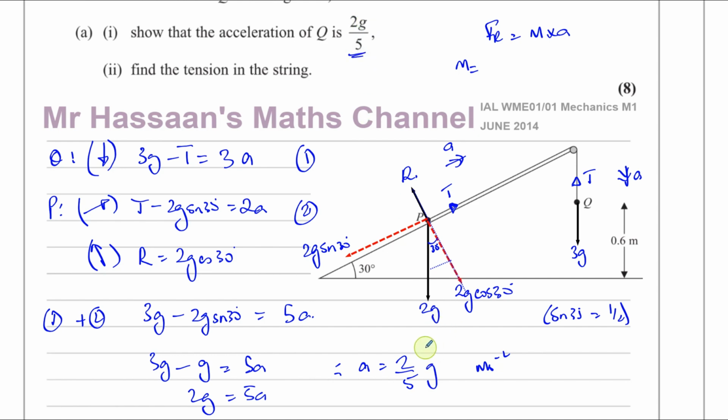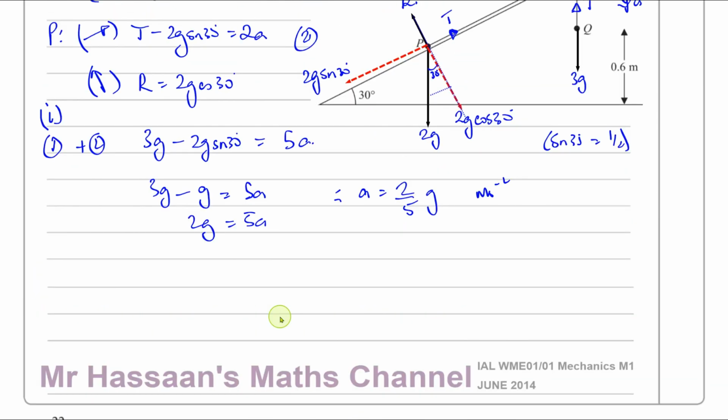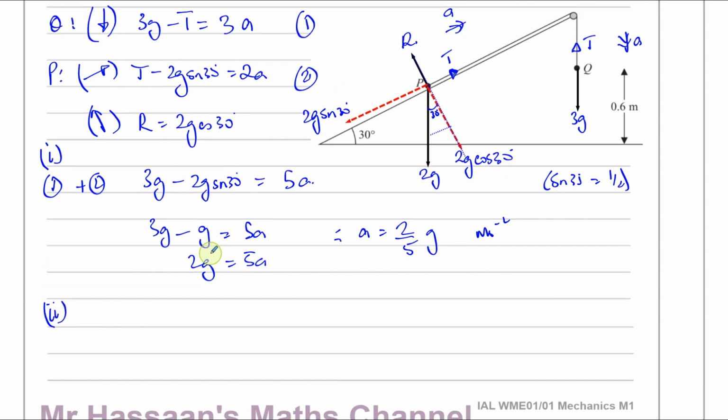So there we have answered part 1. Now for part 2, we have to find the tension. That's pretty simple. We can just use, for example, this formula over here. We can say that 3g minus T is equal to 3a, which means we can now replace the a with 2 over 5g.